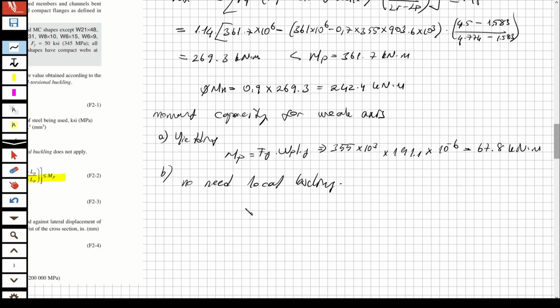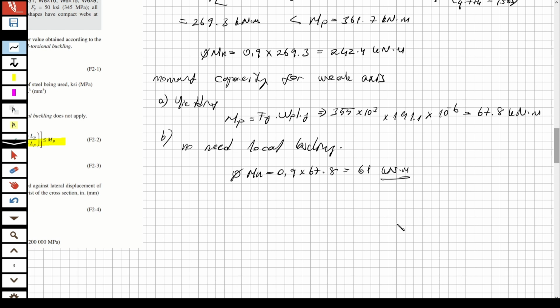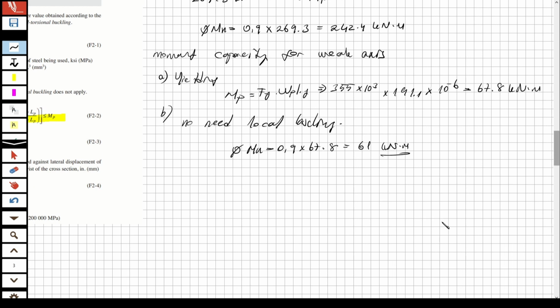And this is going to be the coefficient of LRFD equal to 0.9 multiplied by 67.8, and this is going to be 61 kilonewton meter as the capacity of the weak axis. So now we also got the full capacity of the weak axis.